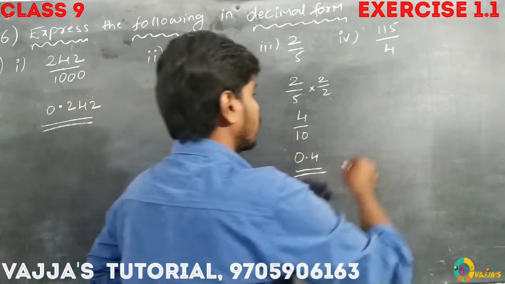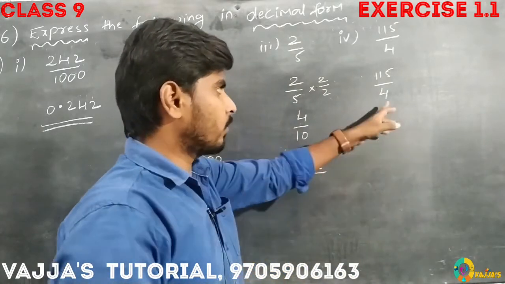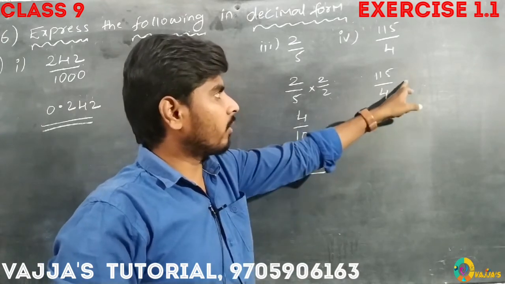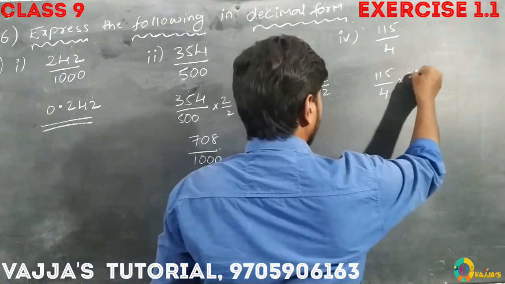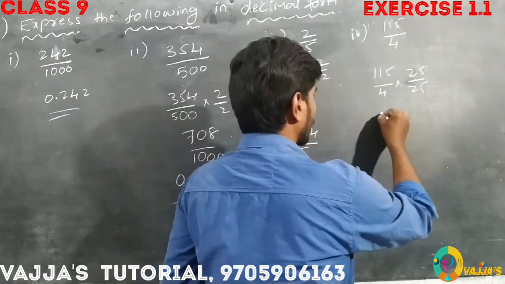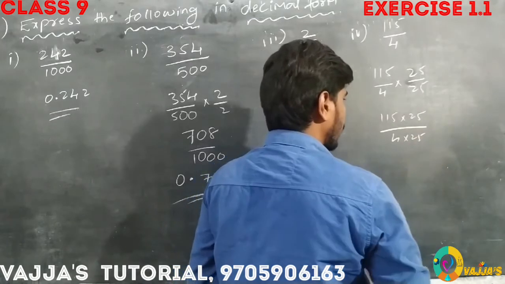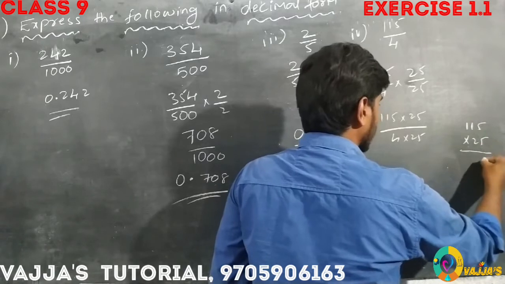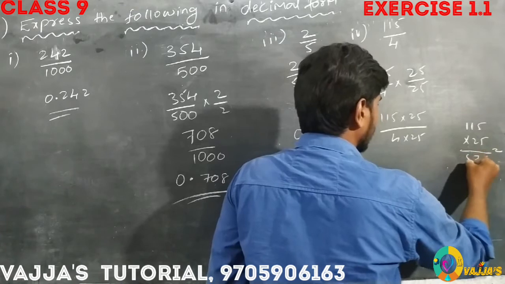Next, coming to 115 by 4. Here the denominator is 4, so I am multiplying numerator and denominator by 25. Look here: 115 into 25 by 4 into 25. 115 into 25, how much? 5 5s are 25, 5 1s are 5, 6, 7, and 5 1s are 5.